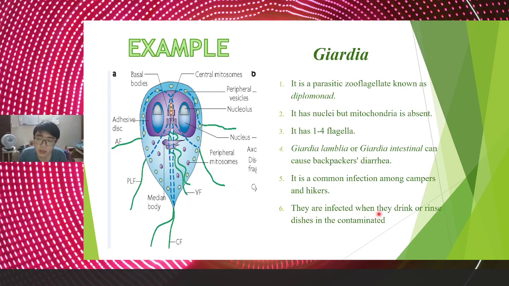They are infected when they drink water or wash dishes in the contaminated water. Because campers normally camp in the forest or hike in the mountains, and normally they drink water from the river, right?